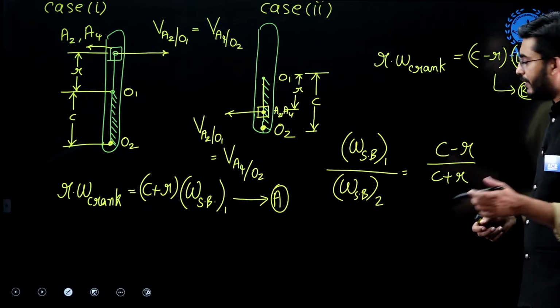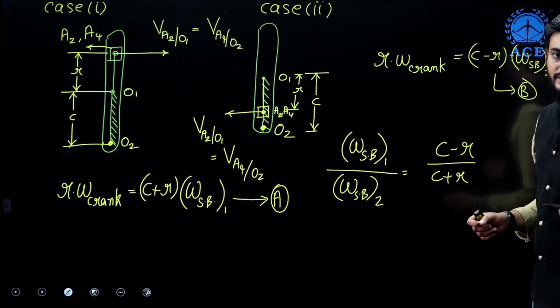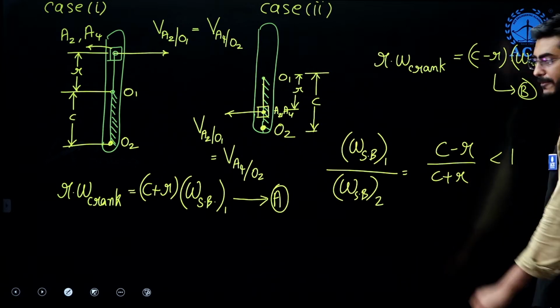The numerator is the difference, C minus R, and the denominator is the addition, so definitely this value will be less than 1.